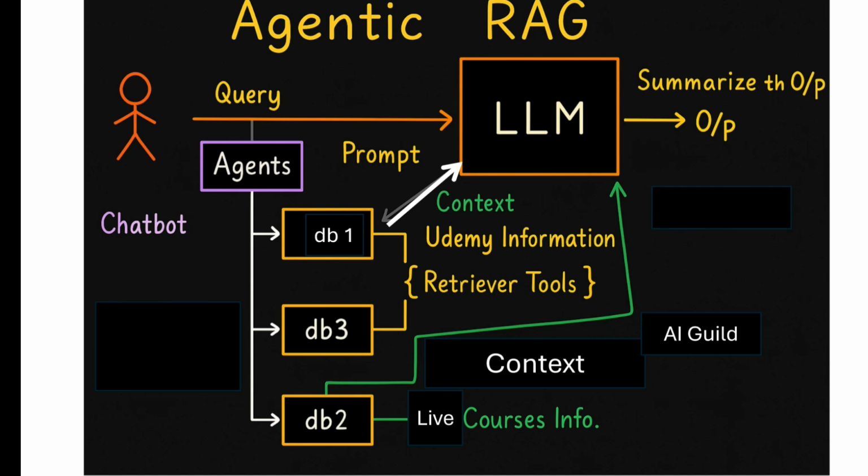The retrieval tools work within these databases, and take out the relevant context from one specific database or a group of two databases, and then push that to the large language model, and then the summarization happens. So in this scenario, two things are happening: the LLM is thinking, and the question that has been asked has some intelligence to think.